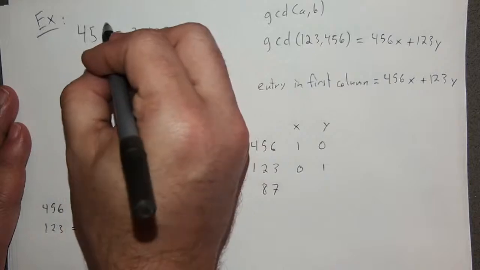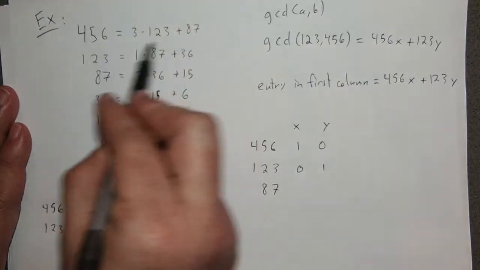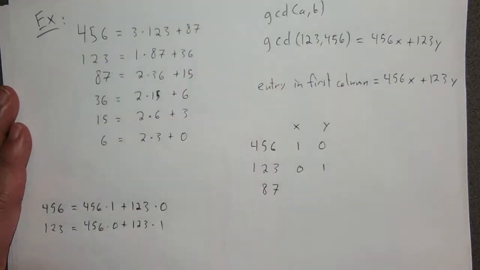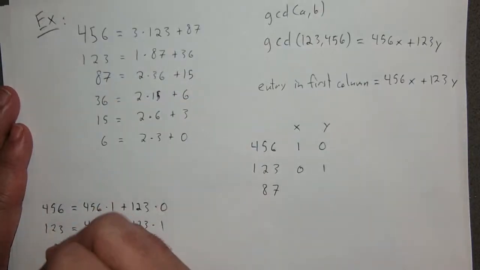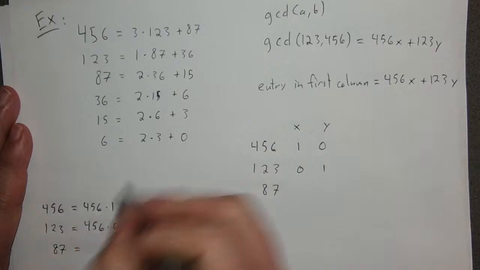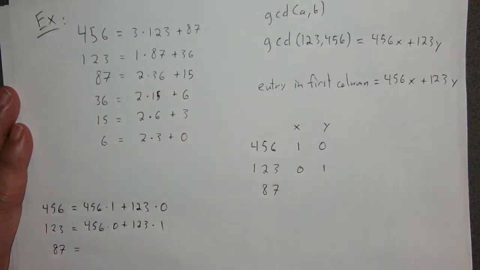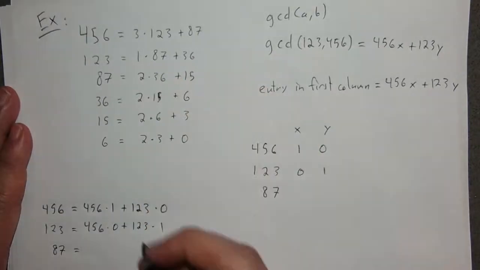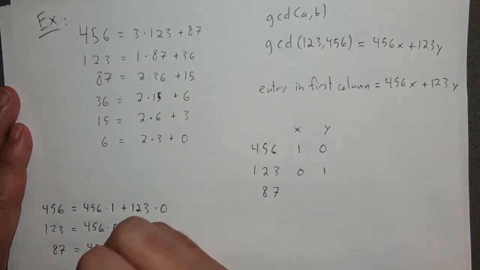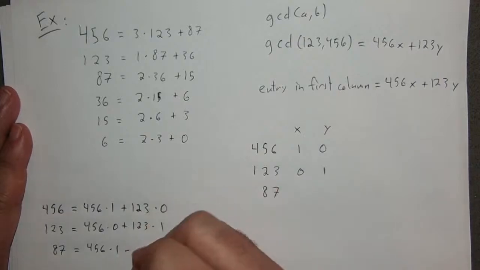I look at the first line and I can subtract 3 times 123 from both sides. So what I get, just from this first line in the Euclidean algorithm, is that 87 is 456 times 1 minus 3 times 123.